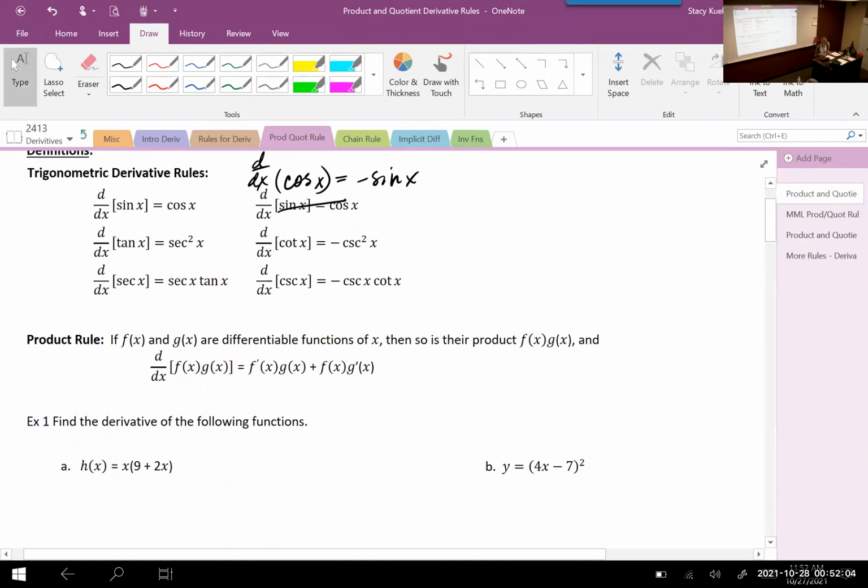Once you have those copied down, we're going to talk about the product rule. I'll give you just a second to make sure you have those copied down. The product rule and the quotient rule are just special formulas for us to be able to take the derivative.